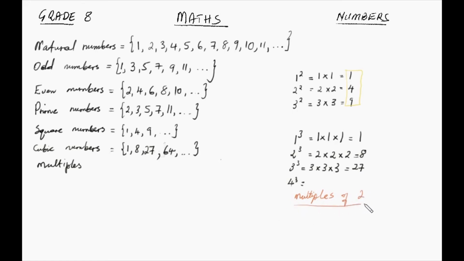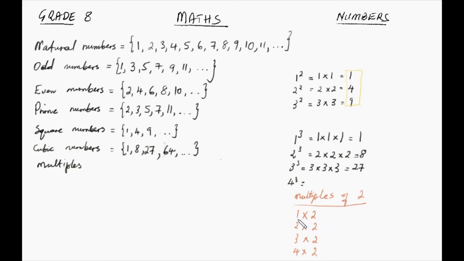When we are looking at the multiples of 2, we will still take natural numbers 1, 2, 3, 4, okay? And so on. Then we multiply them by 2, always by 2. What do we mean? It's because we are saying multiples of 2.